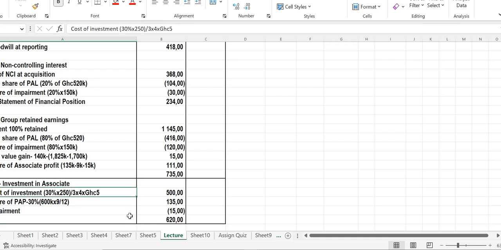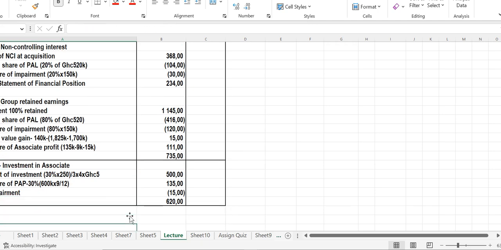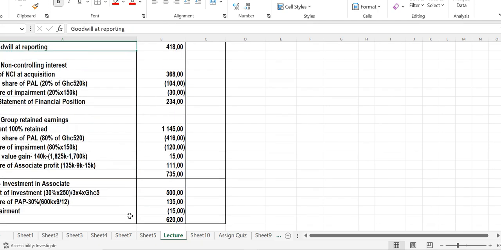So cost of investment, share of the post acquisition profit, and then you take out the impairment. But the unrealized profit will hit the group retained earnings. So you are debiting group retained earning and you are crediting group inventory, because the inventory is with parents. So once you do that, you can go ahead and consolidate.